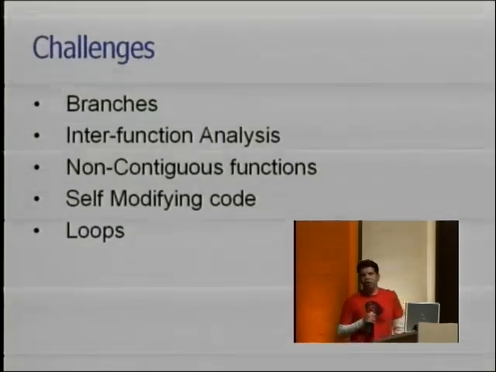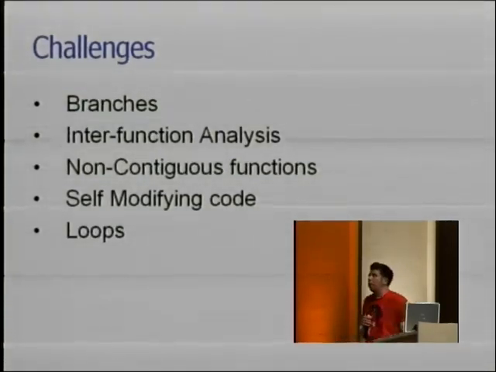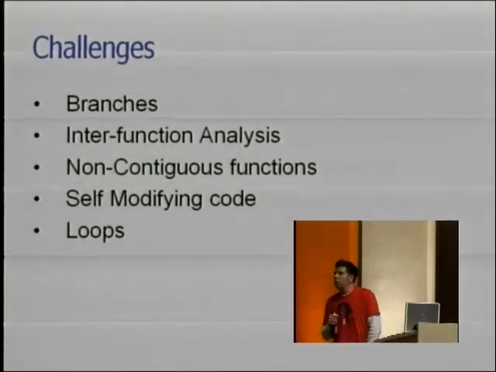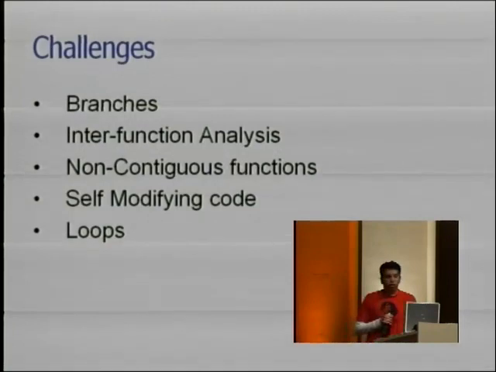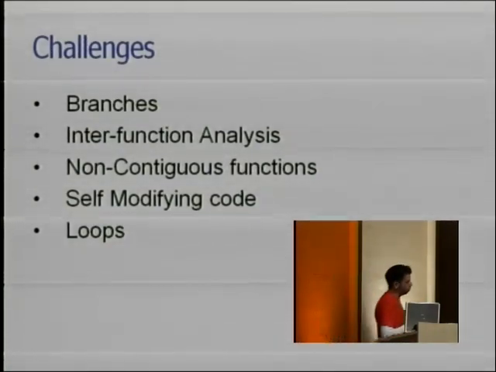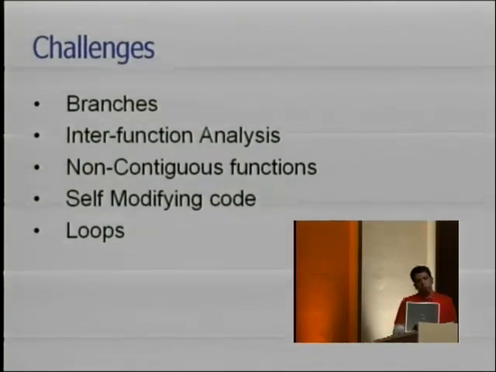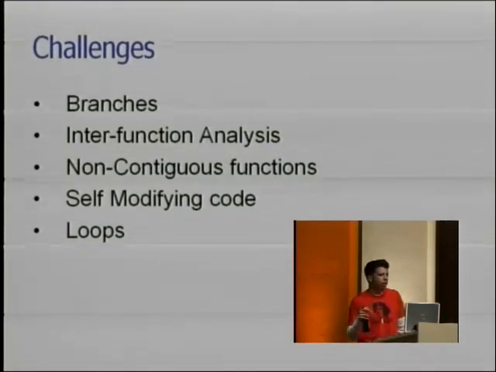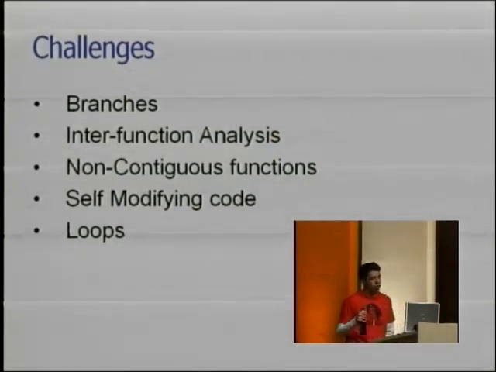So these are some of the challenges, some of the problems that you encounter when you're doing this type of binary static analysis. One is branches. When do you take a branch? When do you not take a branch? You don't know all the data that's coming into your program, so certain decisions have to be made about what kind of state comes into the branches, what kind of state leaves.